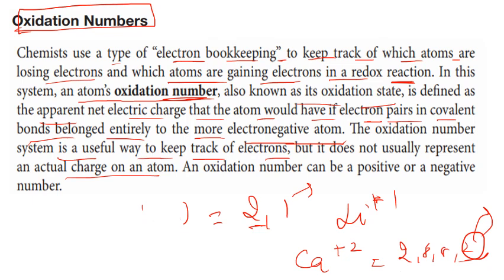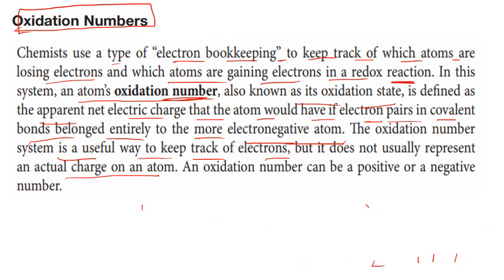Now let's talk about negative oxidation numbers. Let's talk about chlorine. Its atomic number is 17. So it has this electronic configuration, 2, 8, 7. This is how we write it, right? It has two options, either to lose 7 electrons or to gain 1 electron, right?